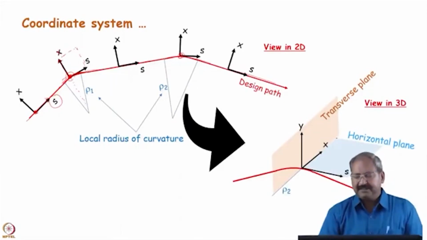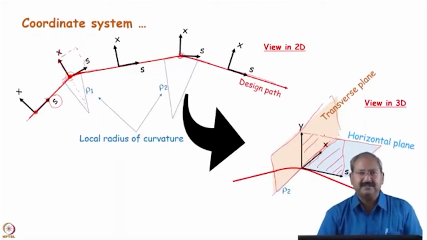Now as we have said, x-s forms the horizontal plane, and y and s will be the vertical plane, and x and y both make the transverse plane, because this is transverse to the beam propagation direction.